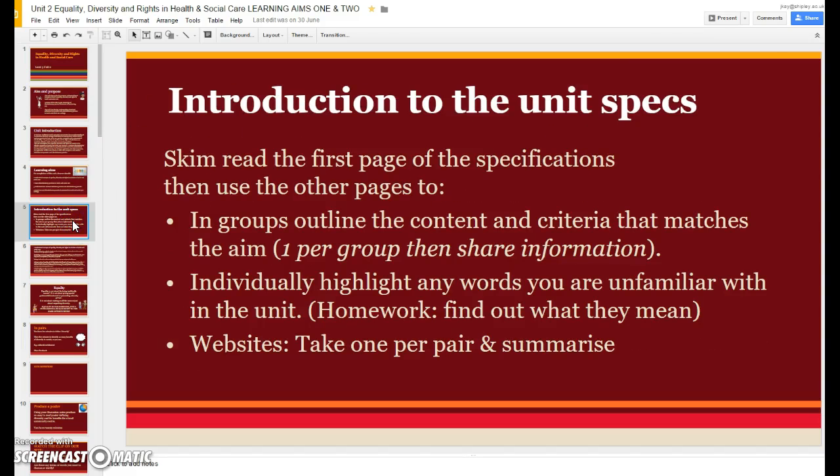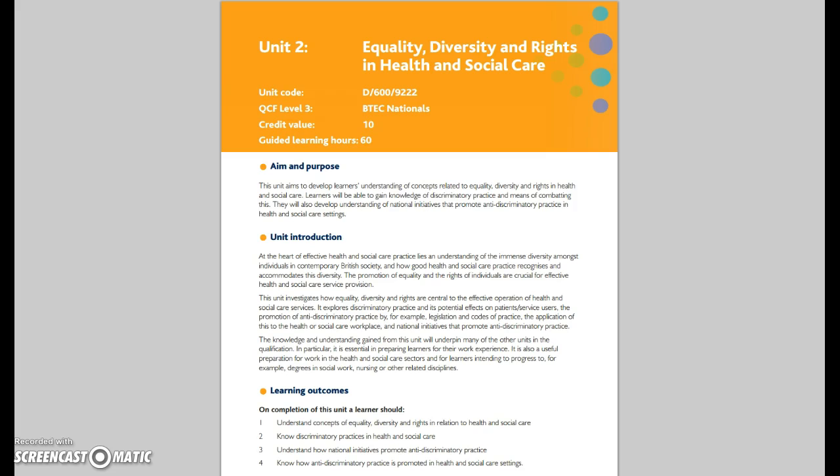Now we get back to the unit specifications. So I'd like you to go back onto the unit specifications that you have opened. Skim read the first few pages just so that you can highlight any words that you're familiar with. Okay, and we can put those into our glossary of terms when I see you all this afternoon in class.